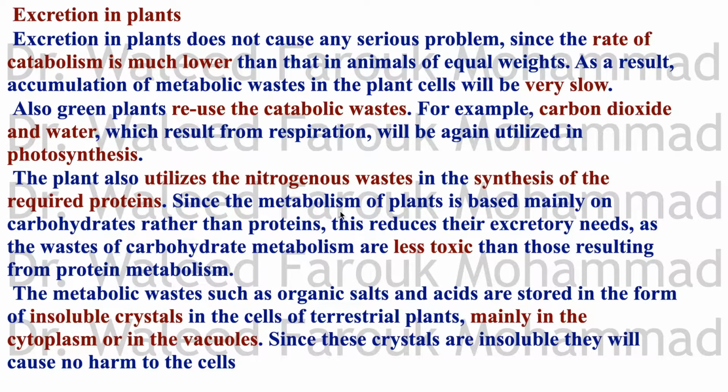Also the metabolic wastes, like organic salts and acids, are stored in the form of insoluble crystals in the cells of plants, mainly in the cytoplasm or in vacuoles. This is how plants perform their excretion function by different means, like you studied so far.